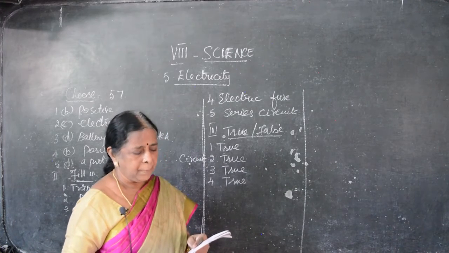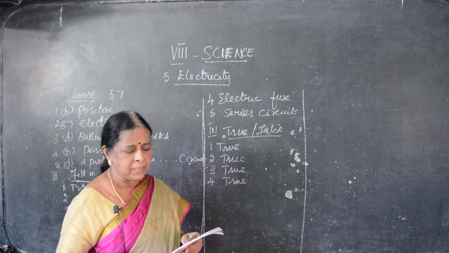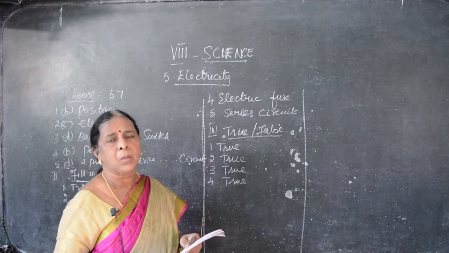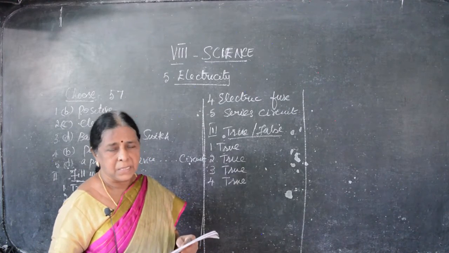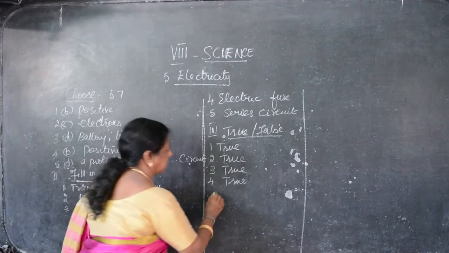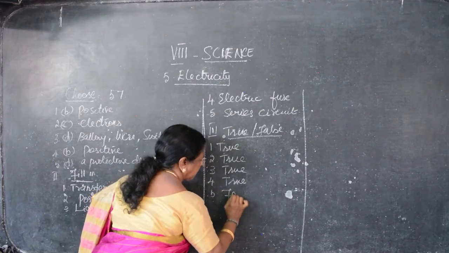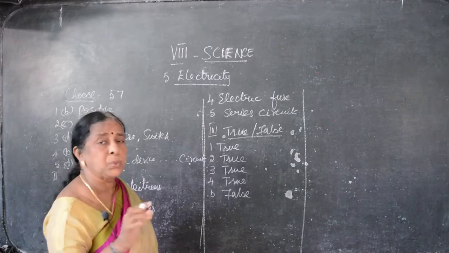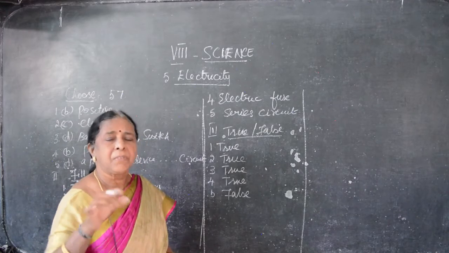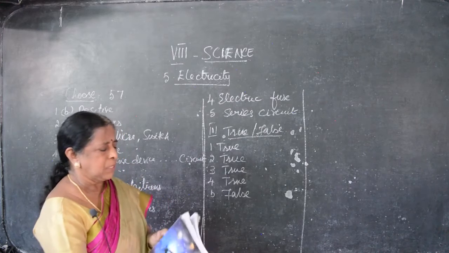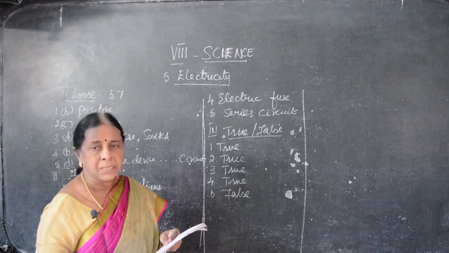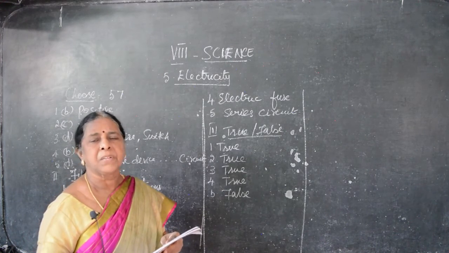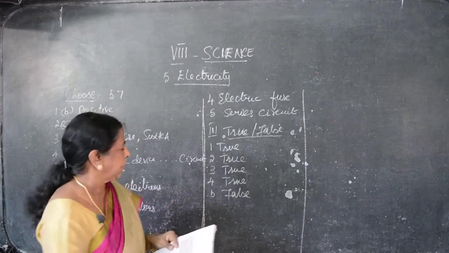The last one, in a parallel circuit, current remains the same in all components. Here it is false. First you have to write false. In case of false, you have to write two steps. One is false. Afterwards, you have to give the correct answer. What's the correct answer here? In the place of current, you have to write voltage.